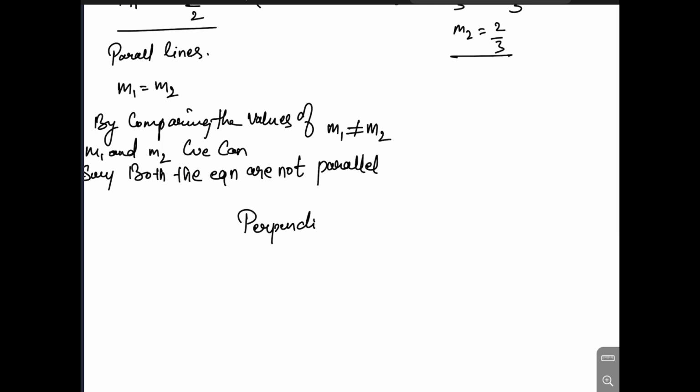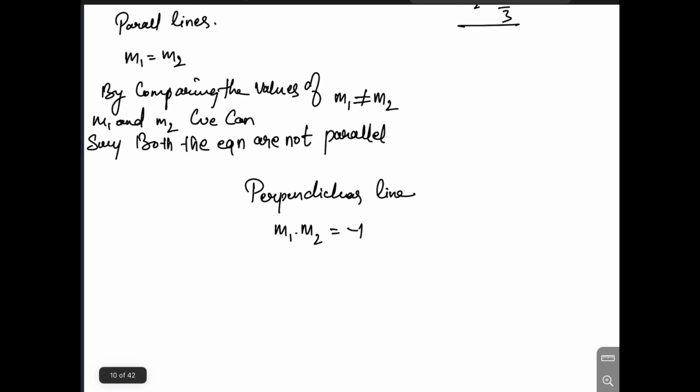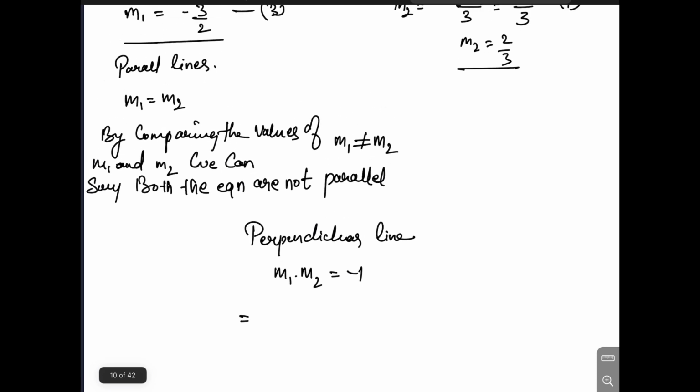Now let's try to check for perpendicular lines. It says m1 into m2 equals to minus 1, where m1 value is minus 3 by 2 into 2 by 3 here. 3 and 3 get cancelled, 2 and 2 get cancelled here. So finally we got minus 1 here.